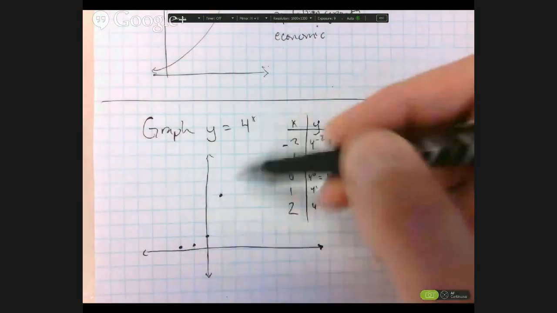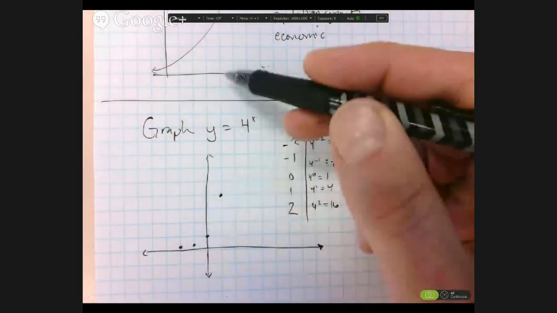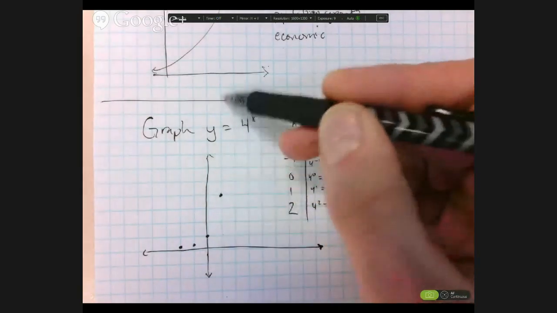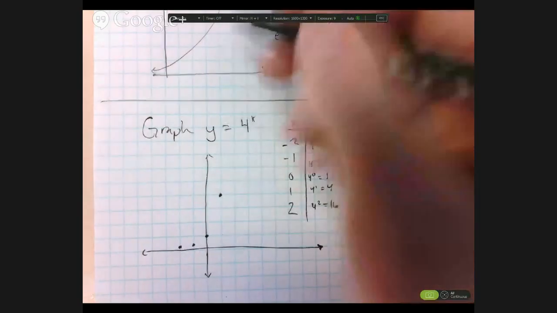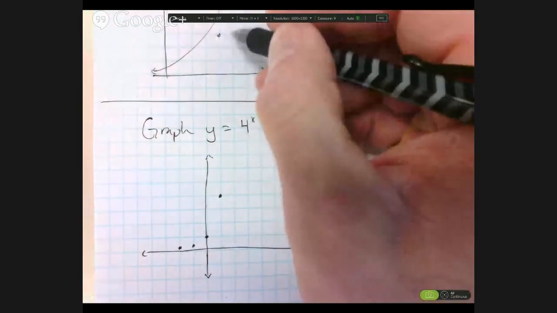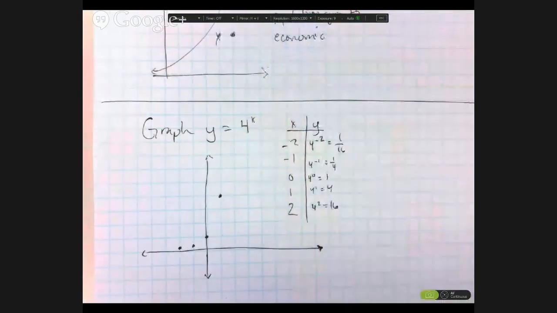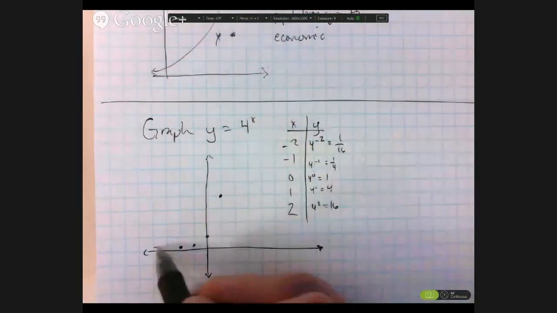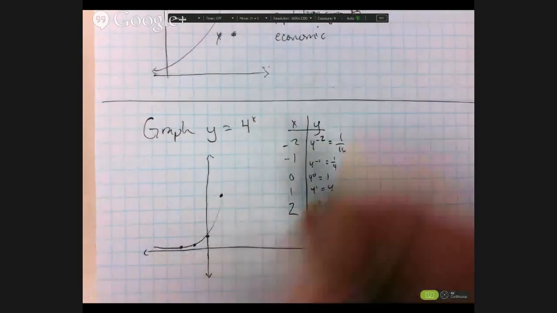Okay, and you can see that my graph will actually go really high. The next point at 2 actually ends up right there. So you can see how fast these grow. Is that what that always looks like?